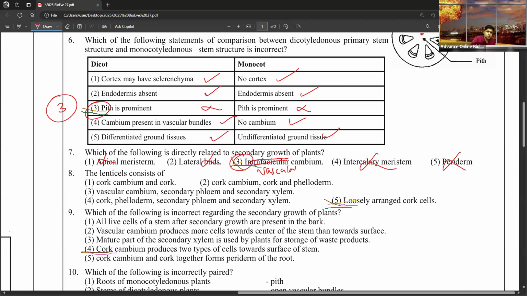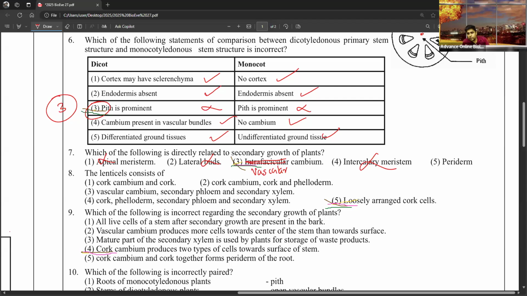Wait. How about periderm? If you take vascular cambium, then it's correct, right? I'll take this statement as vascular cambium, okay? Then the third is okay.